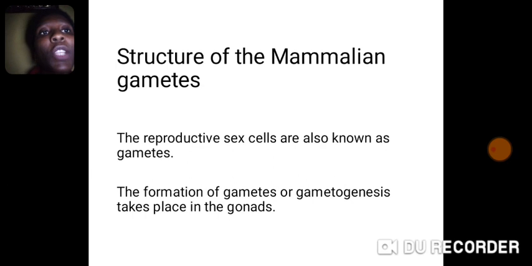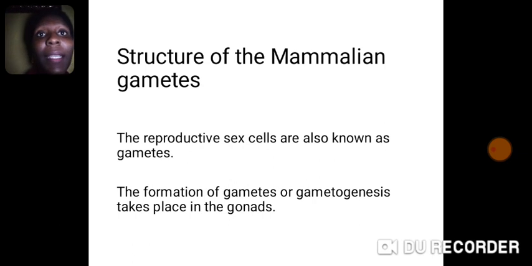Now, the reproductive sex cells are known as the gametes. So now you know what gametes are. They are just the sex cells, the ova, the sperms. The formation of gametes is called gametogenesis, and it takes place in the gonads, which are the sex organs.